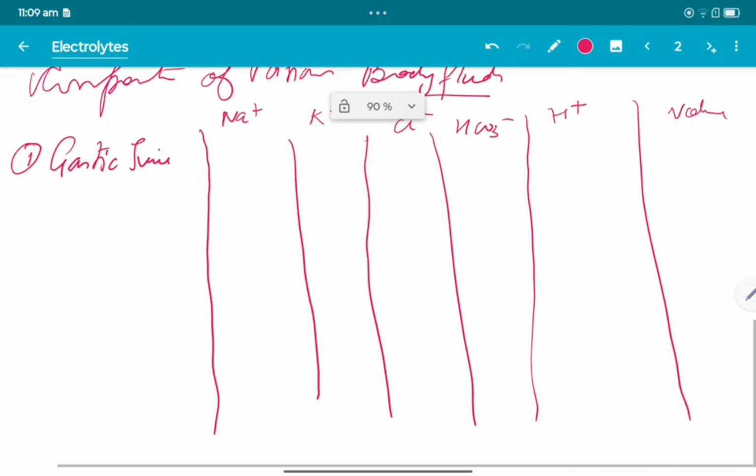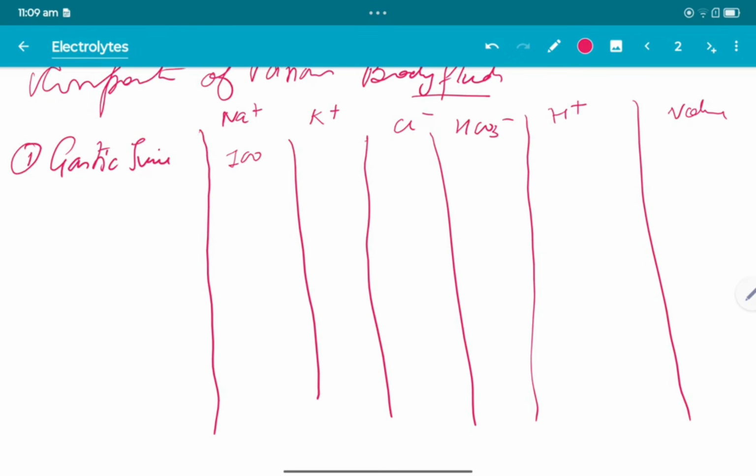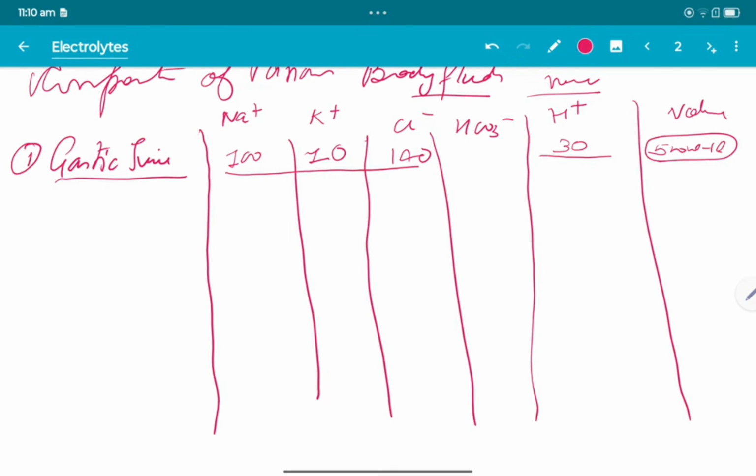In case of gastric juice, what is the amount of sodium that we have? It is about 100 milliequivalent. These all values are in milliequivalent. In gastric juice, 100 milliequivalent of sodium, 10 milliequivalent of potassium, 140 milliequivalents of chloride, and only gastric juice is there in which hydrogen is present, 50 milliequivalent of hydrogen. And approximate volume is about 500 ml to 1 liter. So if you have recurrent vomiting or nasogastric aspiration, you have to give these supplements also.